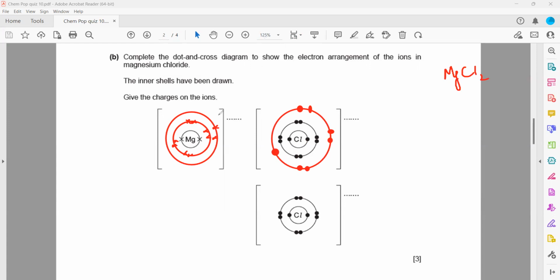So there will be 17 electrons: 2, 8, and 7. What will happen? Magnesium will lose electrons, because metals tend to lose all their valence electrons. One electron is transferred to one chlorine atom and the second electron to the second one. You don't have to draw these arrows or show this transfer; you need the final diagram. As these electrons are transferred, there will be no electrons in the valence shell of magnesium, and each chlorine will get one electron.